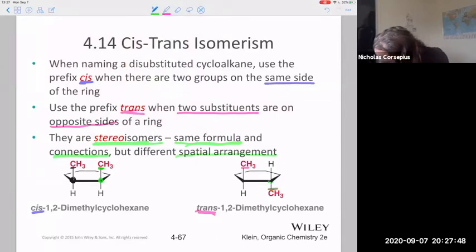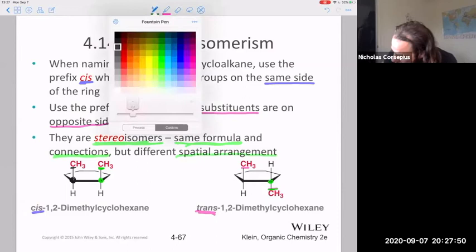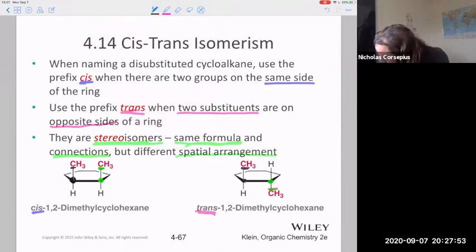It's the same thing over here too. So the connectivity of the atoms in the molecule is the same. So they are not constitutional isomers, but they are stereoisomers. They have a different spatial arrangement.